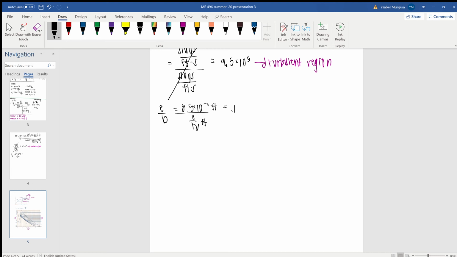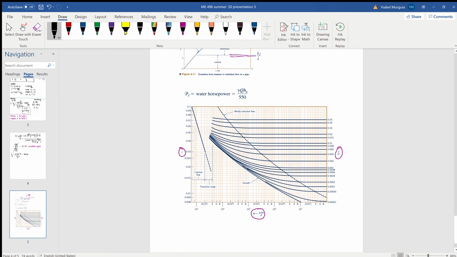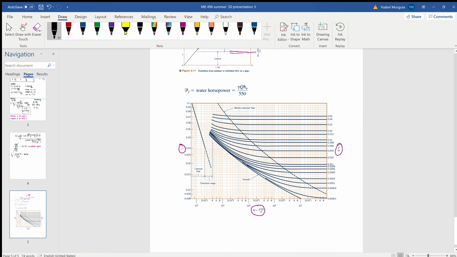From this, we get 0.001275 for that constant, and we can go to this diagram and plug in that. So if you look closely here, we have this 0.001. So I do know that I am going to be somewhere around this on my Moody diagram following this curve. And then you just simply take your ruler down to where the Reynolds number is.